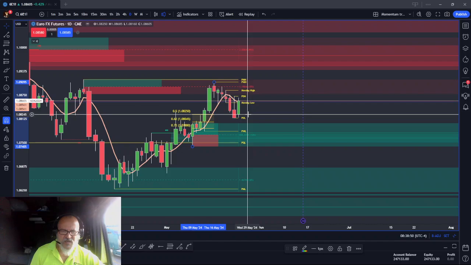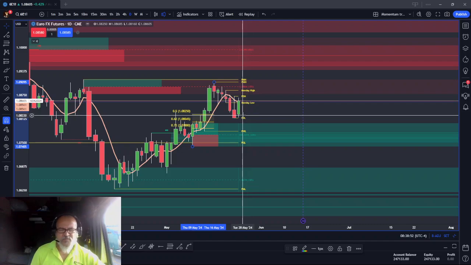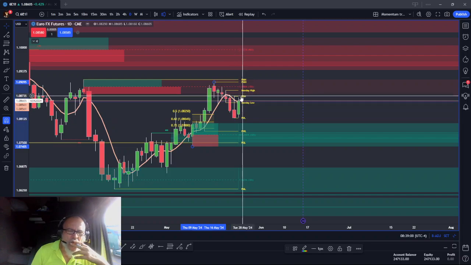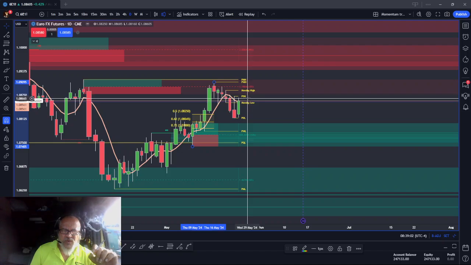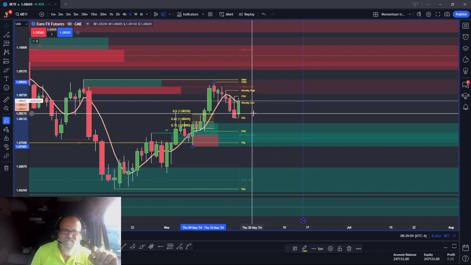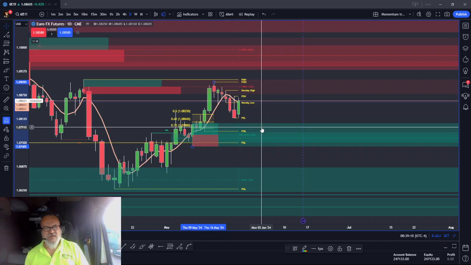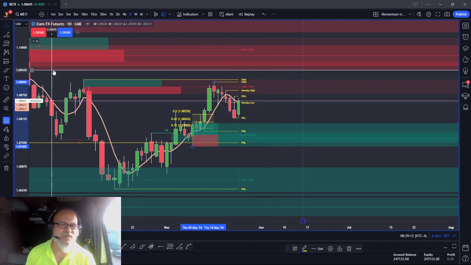We definitely hit the 5. We did not sweep liquidity from yesterday's or Thursday's low, and we didn't break Thursday's high. So we've got an inside bullish bar here. We'll see what happens on Tuesday.